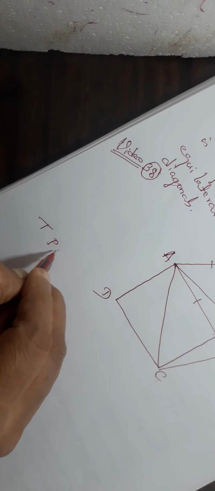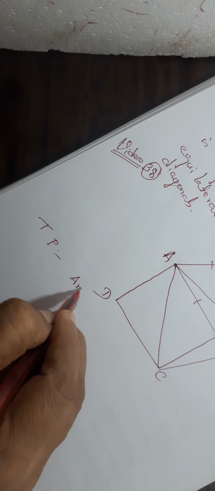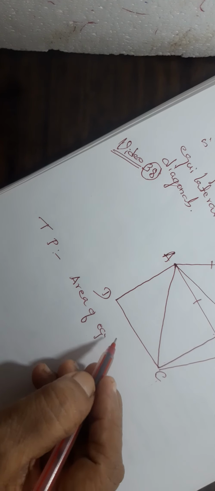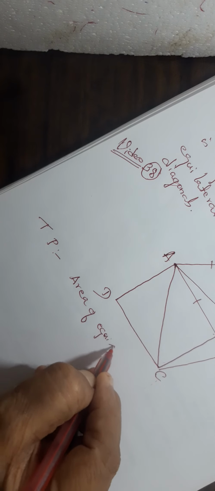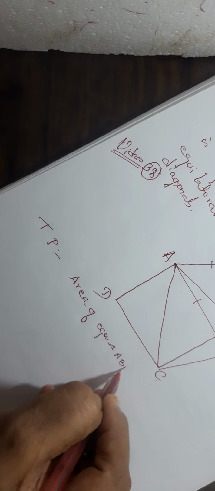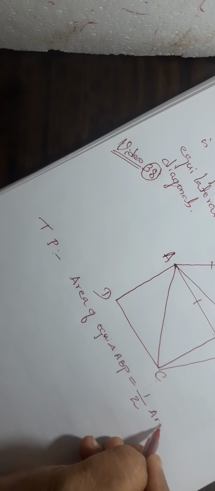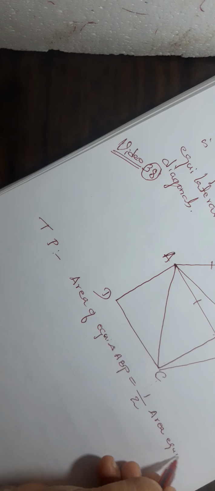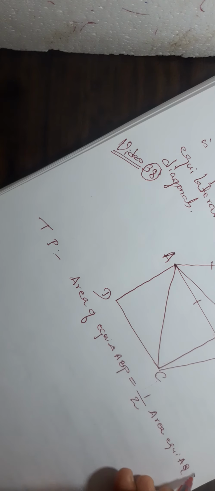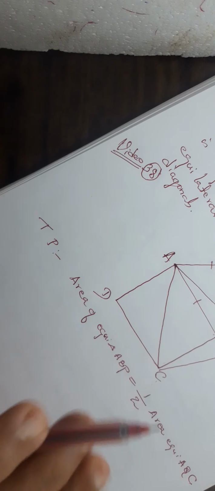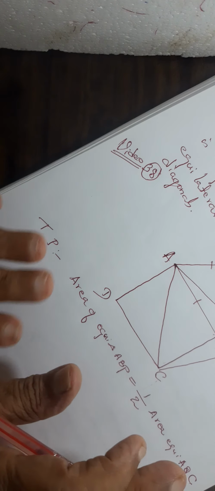Now you are going to prove here that the area of equilateral triangle ABP is equal to half the area of equilateral triangle AQC. We have to prove this, so it is half of this. Equilateral triangles are all similar to each other.